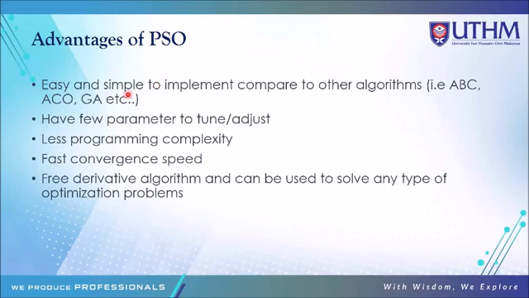Number two, it has few parameters to tune. We have the population size, the initial weight factor, and C1 and C2, the acceleration coefficients. Only around 4 parameters need to be tuned or adjusted before we use the algorithm to solve our real problem.